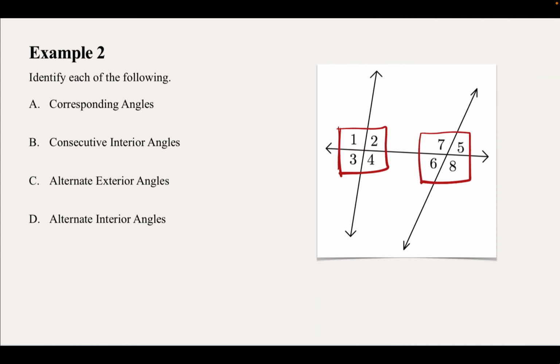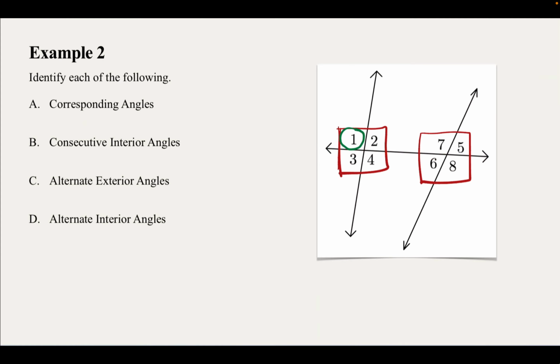Corresponding angles. What you're going to look for is the location. The location of one angle on one line matches with the same location on the other line. What does that mean? So if I look at this angle 1, this is one angle that is on this transversal and one of the two lines.